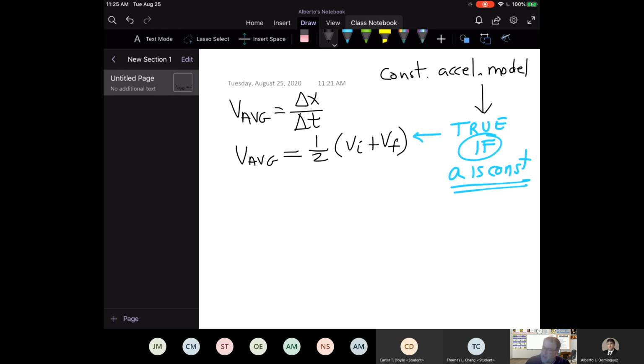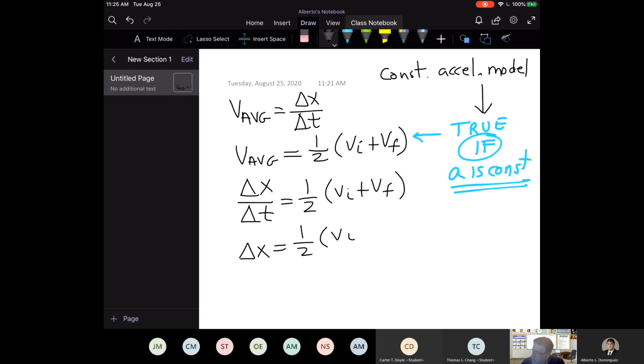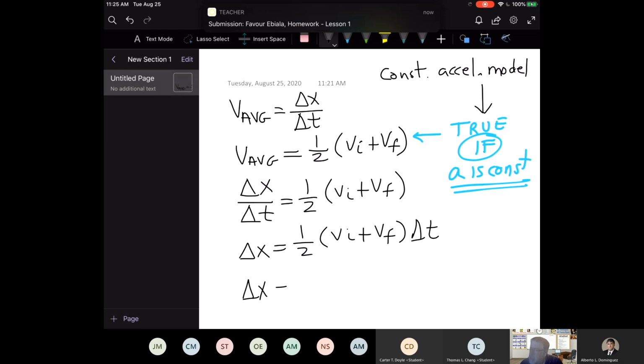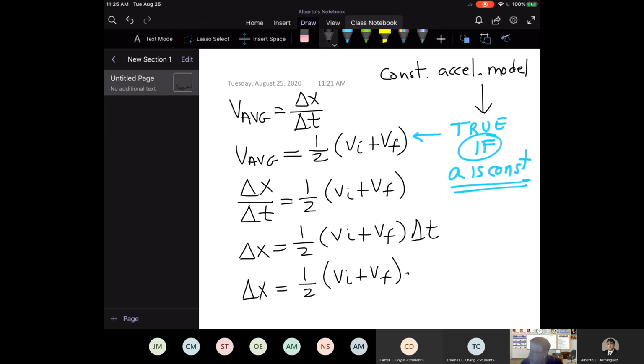But since we are in the constant acceleration model, A is constant, and I can do this averaging process. Both of these are V average, so I'm going to set them equal to each other. Delta X over delta T equals 1/2 (V initial plus V final). Then I multiply by delta T, so delta X equals 1/2 (V initial plus V final) delta T. I'll prove why I can do this in a second, but for the moment I'm going to stop calling it delta T and just call it T. So delta X equals 1/2 (V initial plus VF) times time.